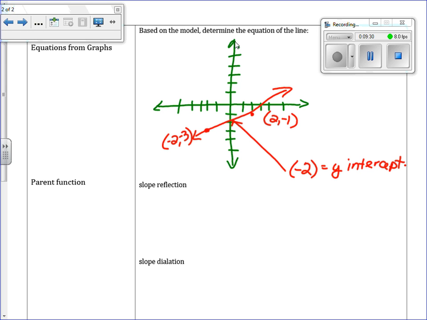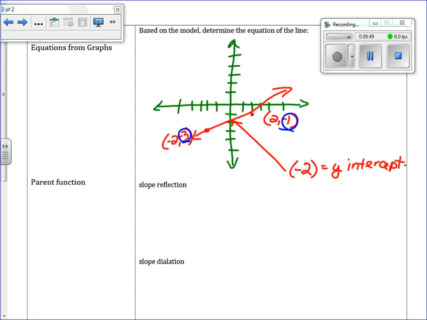Now, the final thing that we can use to figure this out is our slope formula. So I want to do the change in y over the change in x. Here are my y values.